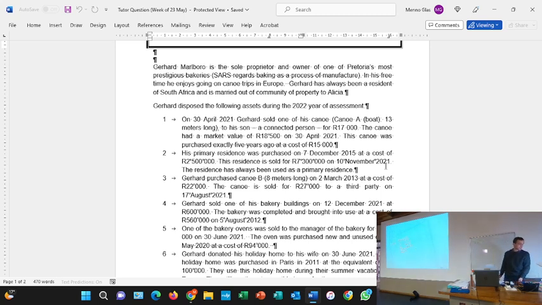Then in the current year of assessment, do we apportion the 20% for the months used? So tax value would be 18,800. Do you agree with me?